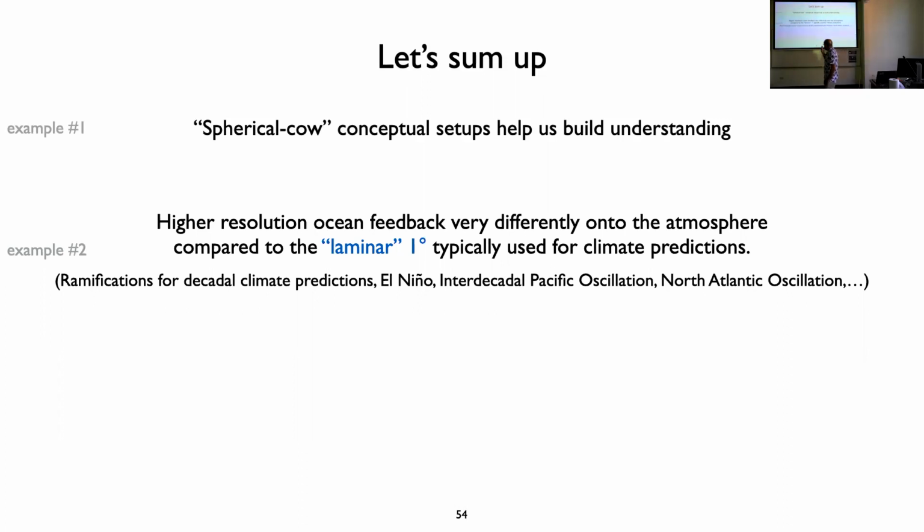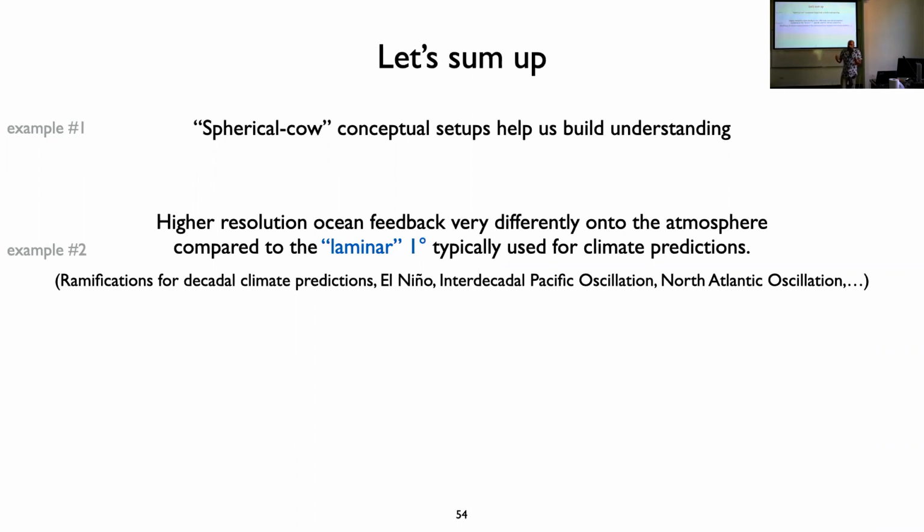Secondly, higher resolution ocean feedbacks onto the atmosphere very differently. Much more variance at decadal timescales and very different patterns of variability. And this may have huge ramifications for decadal climate predictions. It may have a lot of ramifications for predicting the Interdecadal Pacific Oscillation or the North Atlantic Oscillation, all these climate modes of variability that vary at time scales of decades or so.